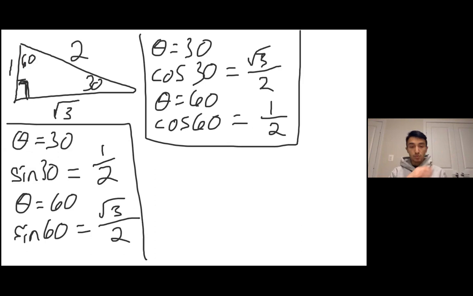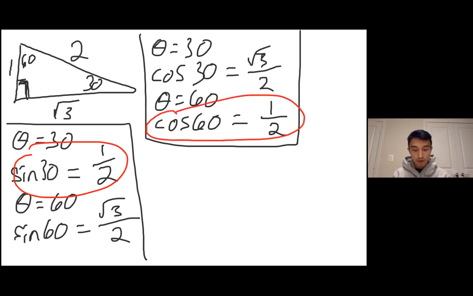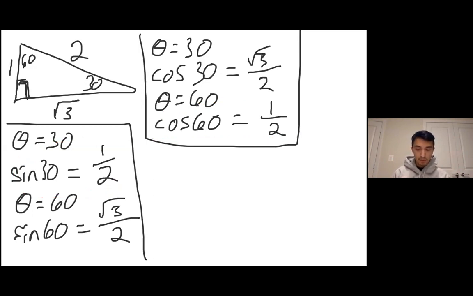That they just switched, right? So here the sine of 30 was 1/2. But now if I do the cosine of 60 is going to be also 1/2 because the sides are shifting, right? Opposite of 30 is 1, but adjacent to 60 is also 1. So now hopefully you see how those two things connect, right?